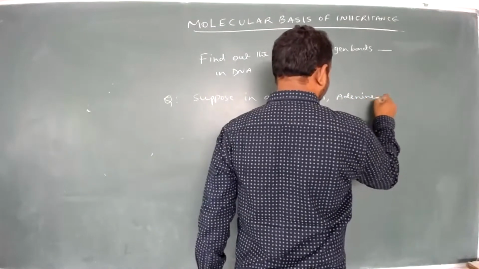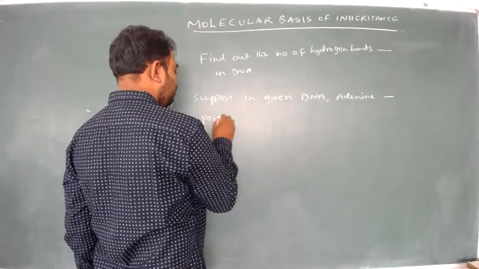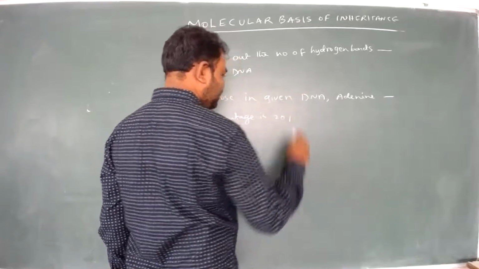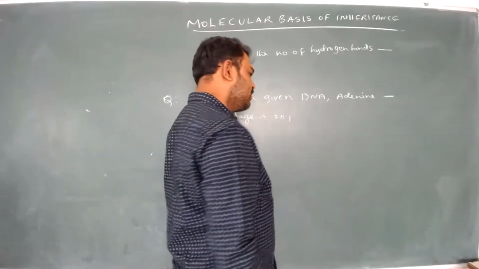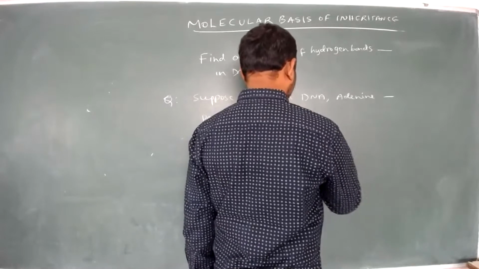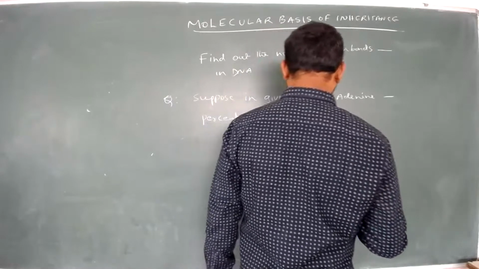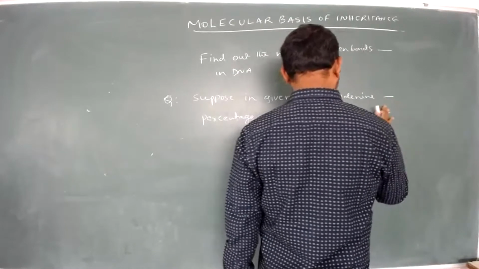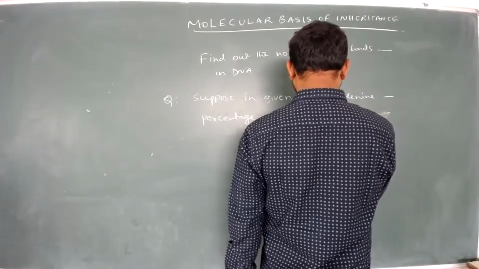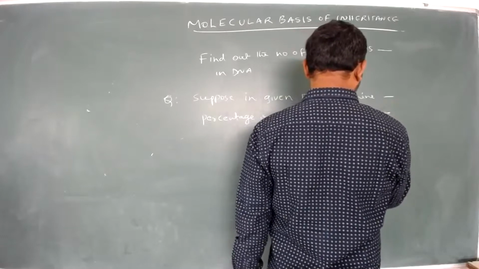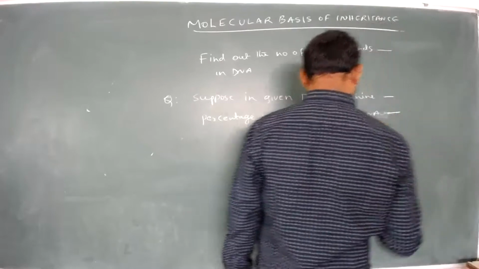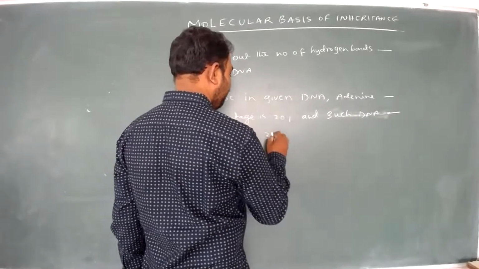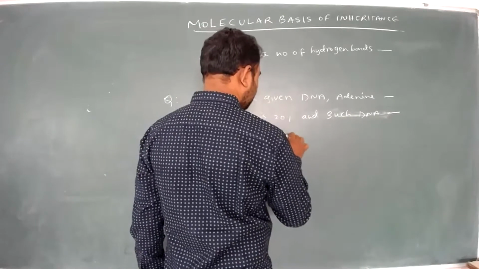Suppose in a given DNA, adenine percentage is 20%, and the DNA length is 340 angstroms.